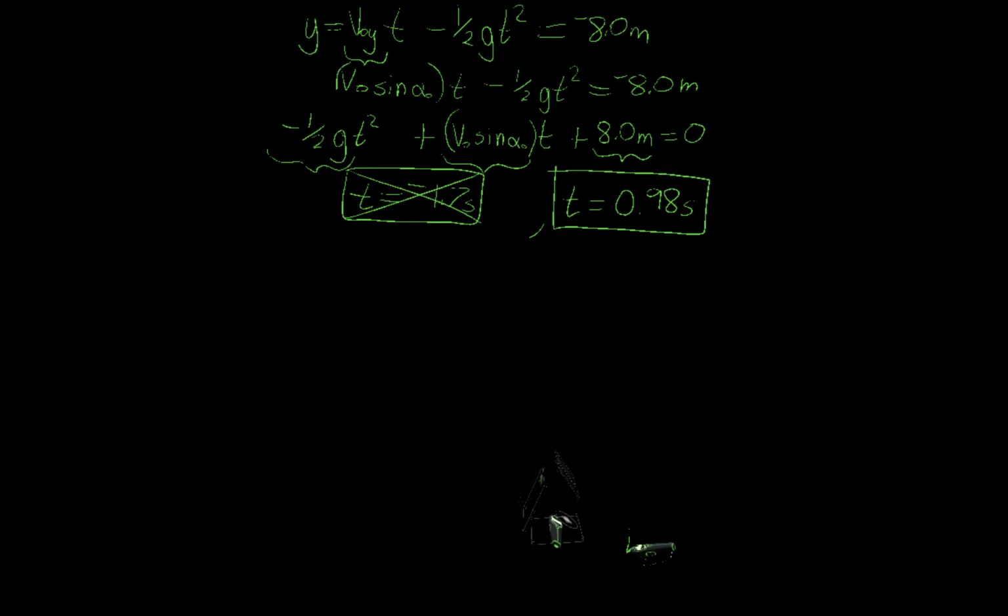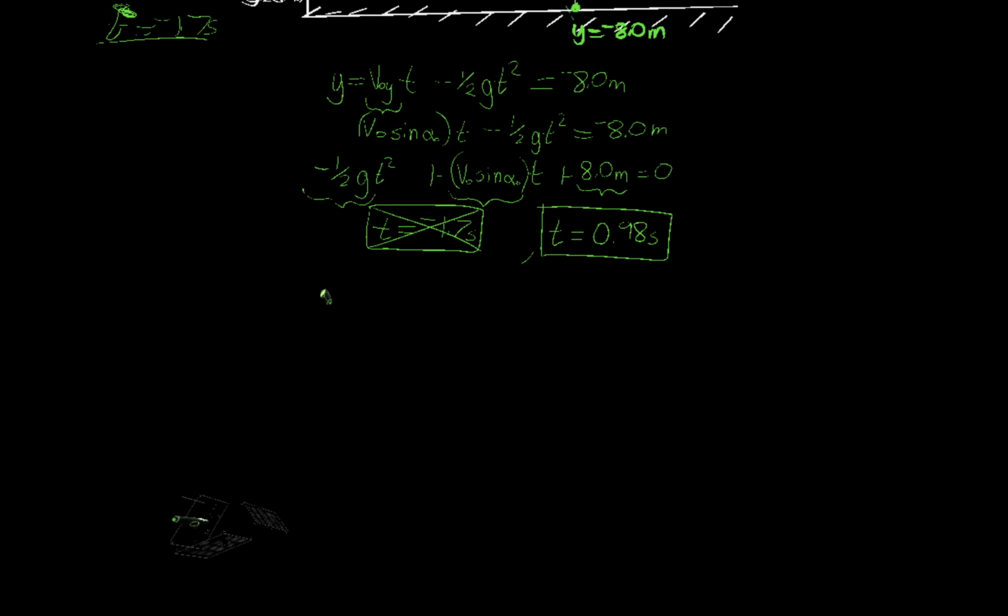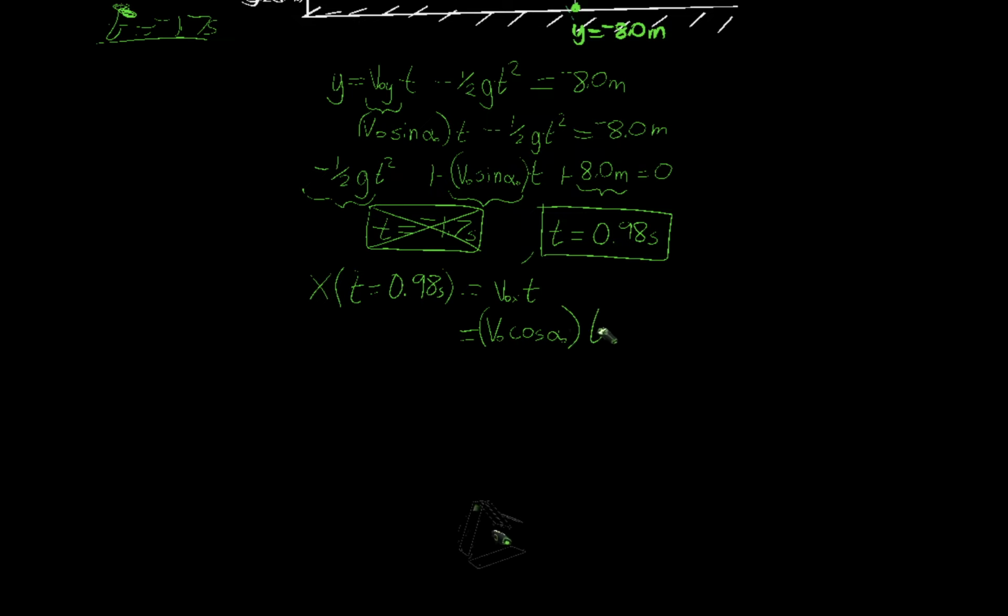So now, remember our game plan was to find when, and then use the when to find the x at that time. So now all we have to do is plug in that time to the x. So now we can find x at time equals 0.98 seconds. To be explicit, you could just write x equals and know what time we're plugging in. V naught x t, which is equal to v naught cosine alpha naught times t.